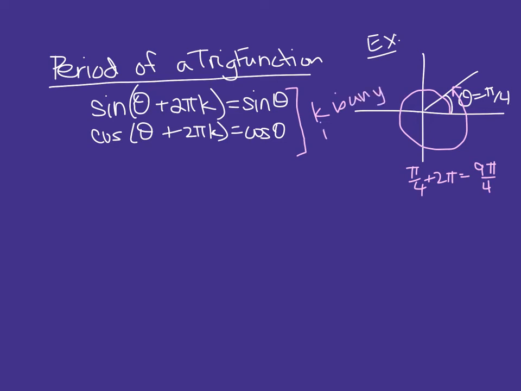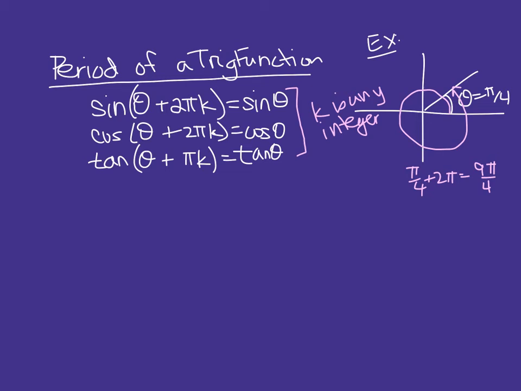This also is true with tangent. The only exception with tangent is that not only does it happen if you go around a full 360 degrees or a full 2 pi, it also happens if you just go halfway around the circle. So any integer multiple of pi for tangent will give you the same value.